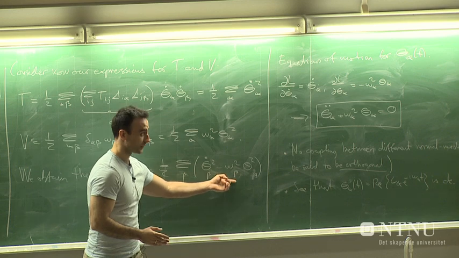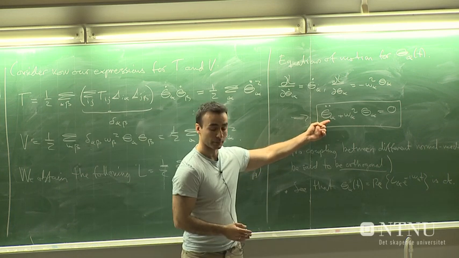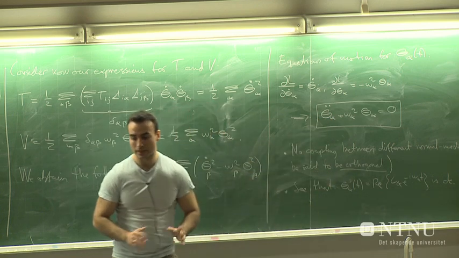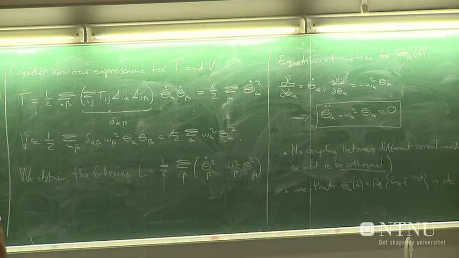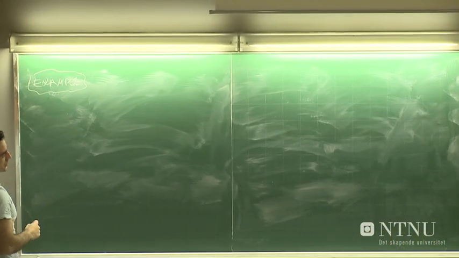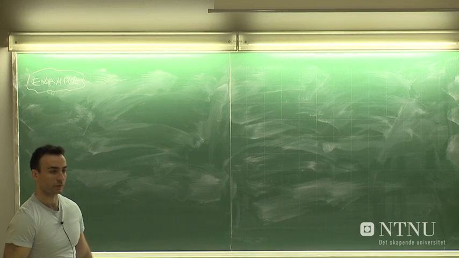We know the eigenfrequencies right away, and we have a very simple solution for the thetas. But we'll have a look at an example of this. So first we'll do a trivial example, just to show you how this machinery is supposed to work.